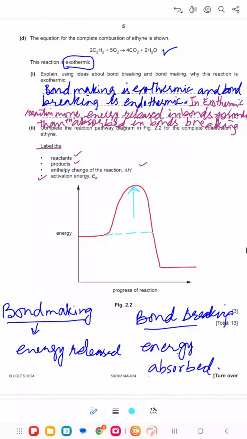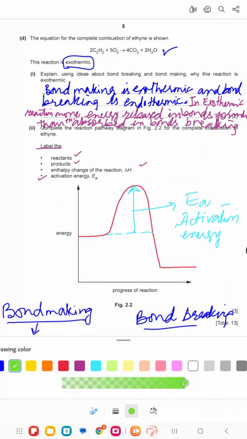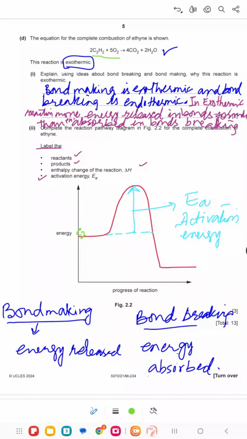Here you can see the direction of the arrowhead, and this is the activation energy. Now we have to label the reactants and products. Here these are the reactants, C2H2 plus 5O2, and the products are 4CO2 plus 2H2O.